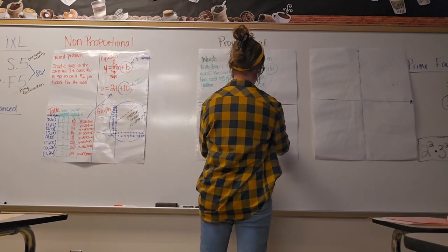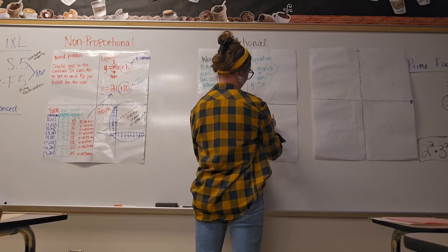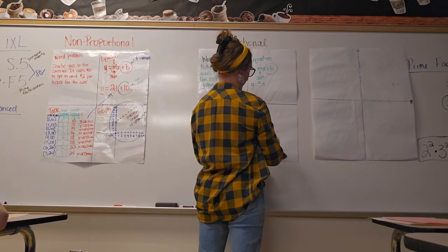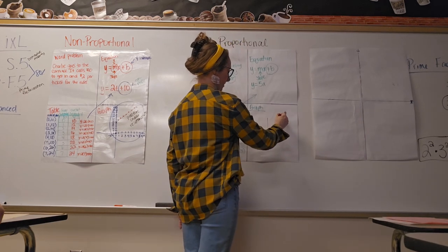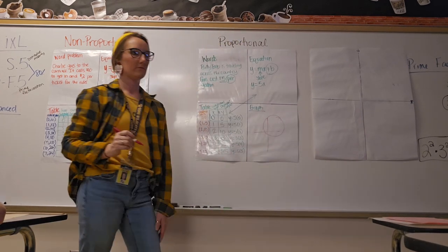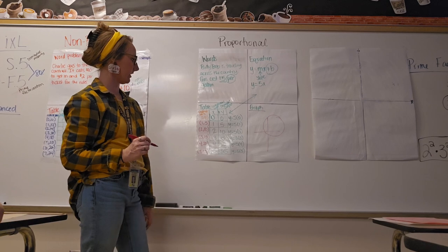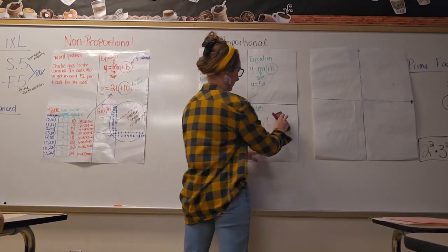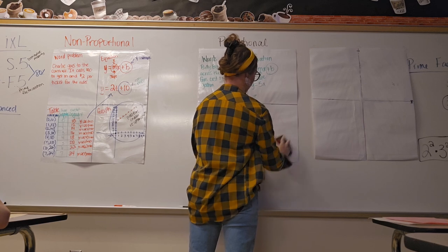Okay, and you don't have graph paper right now. So do we need to do all 4 quadrants? Or can we just stick to our one quadrant over here? Just the one. What quadrant are we going to be using? Quadrant 1. So all of our data is going to go in quadrant 1.